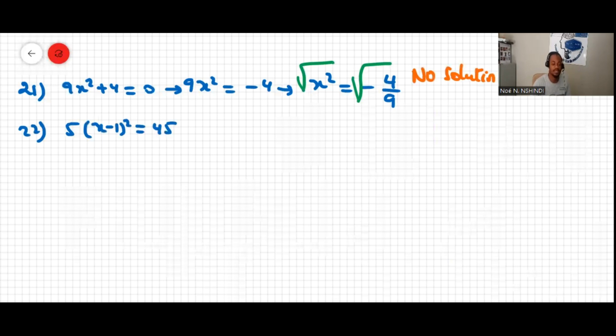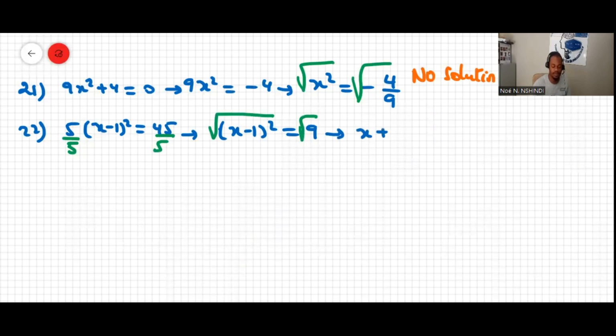22. It's 5, open bracket x minus 1 to the power of 2 equal to 45. So in case like this, instead of timesing, we can first divide by 5 both sides. And then this will make x minus 1 to the power of 2 equal to 9. Then we can square root both sides. And then this will be x minus 1 equal to plus minus 3.